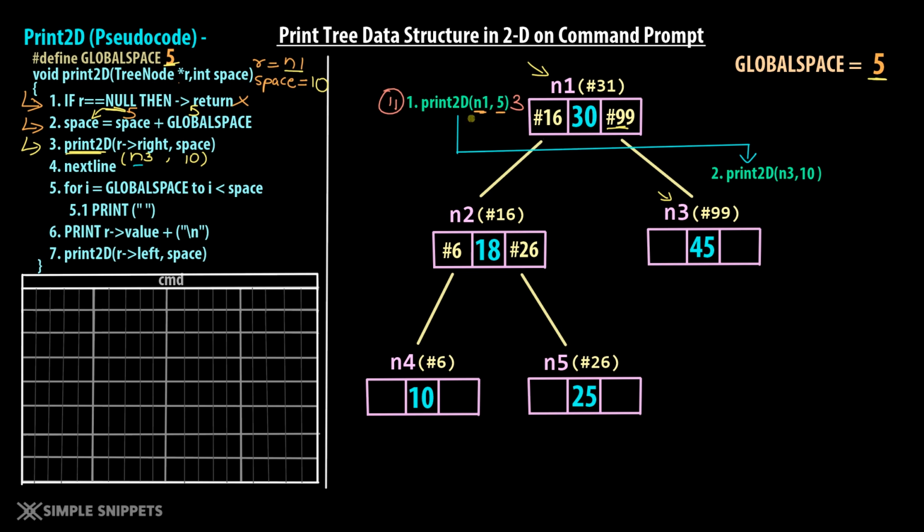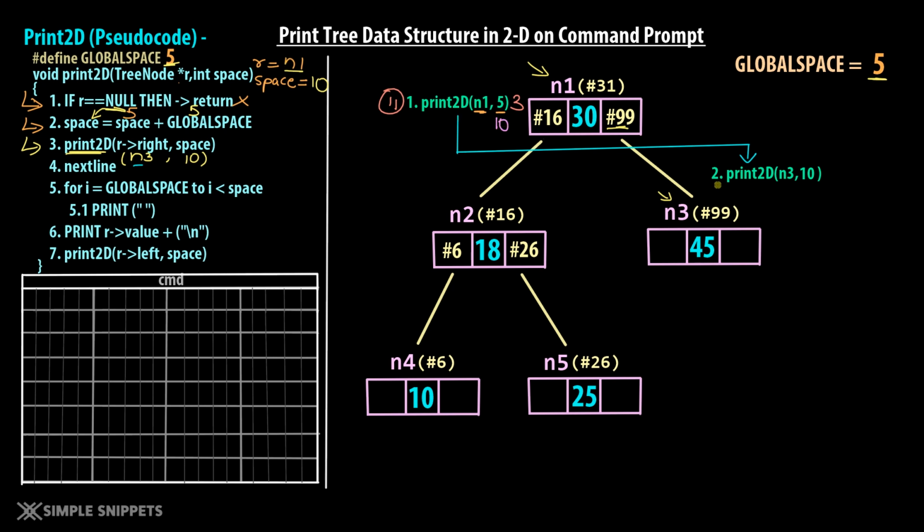Also do note that in the first print2d the space value has become 10. So let's write 10 over here, because it is modified from 5 to 10. We're going to need this value later on when the second print2d comes back to the first print2d, so let's write it down so that we don't forget it.